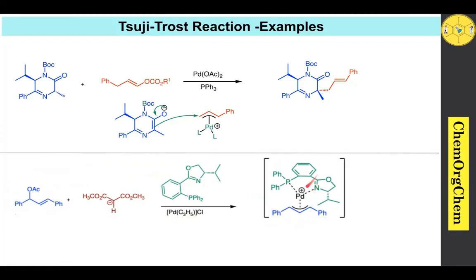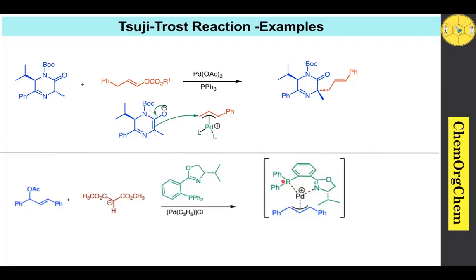Now look closely at this particular intermediate. This intermediate is sterically more hindered with this chiral ligand system. Here you can see that this oxazoline ring system has one isopropyl group. That isopropyl group is present at the bottom face and could block the bottom face completely. Electronically, the electronics of this allylic fragment in this pi-allyl palladium species is affected by this ligand system.